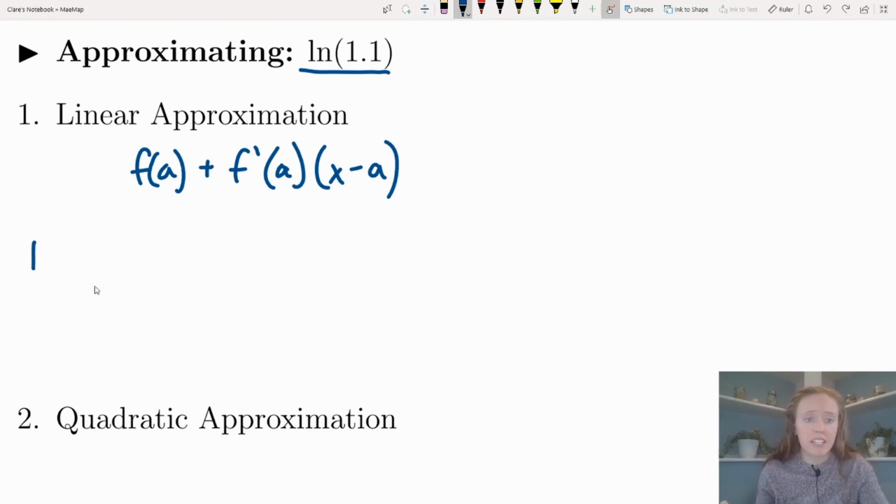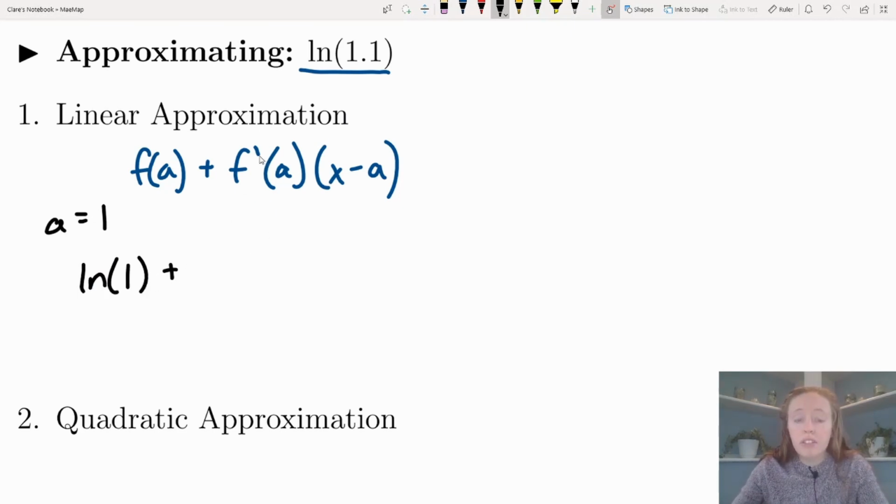So let me rewrite this in a different manner. I'm going to say that a is going to be equal to 1. So f of a is going to be the ln of 1, and we're going to add that to the derivative of our function at a, which, if f of x is equal to ln of x, then the derivative f prime of x is going to be 1 over x.